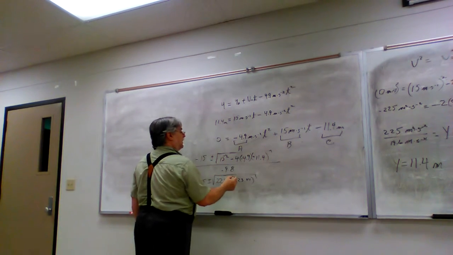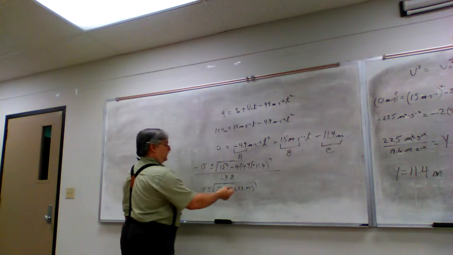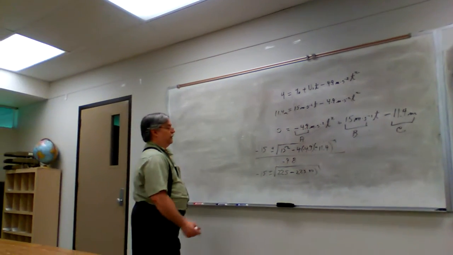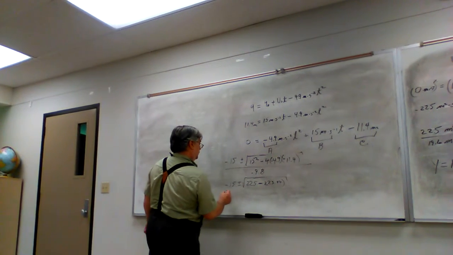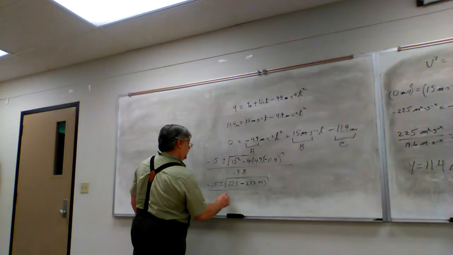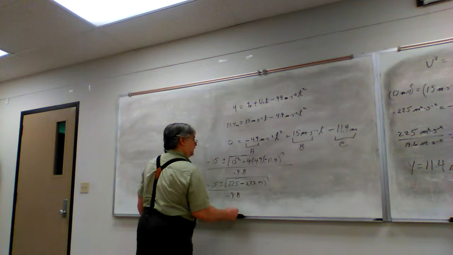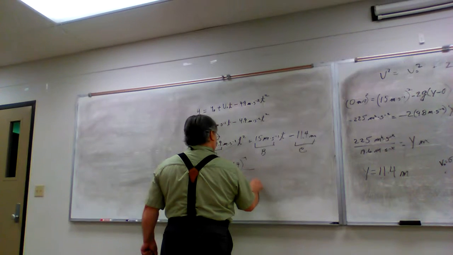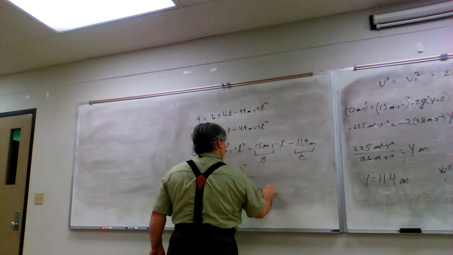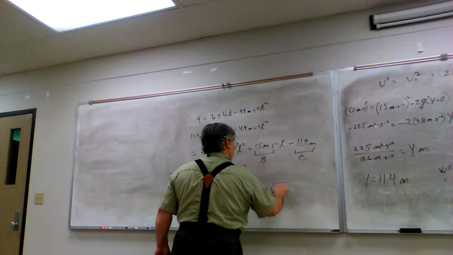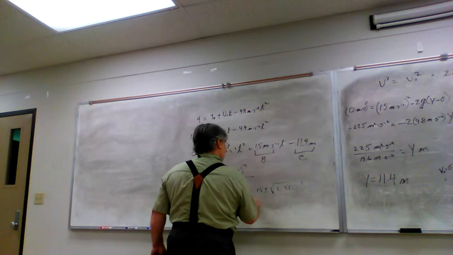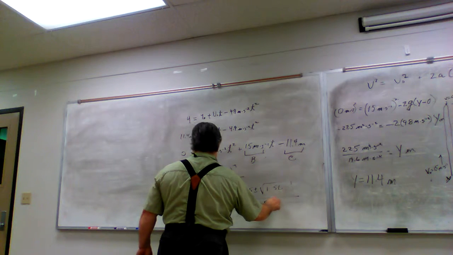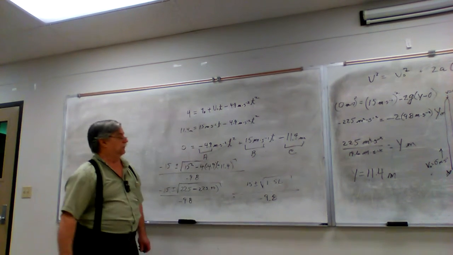And a negative times a negative is a positive, so it's minus that. What's the difference here? All right, minus 15 plus or minus the square root of 1.56 divided by minus 9.8.